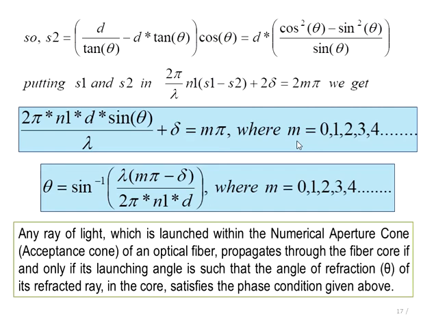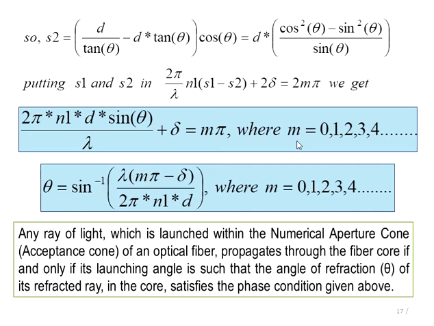Theta cannot take any number of values. For example, if I put m equal to 0, I will get one angle, let's say theta 1. Then if I put m equal to 1, I will get another angle, theta 2. I am not putting any value between 0 and 1, and hence theta also will not have those values. Theta depends on the value of m, and since m can take only discrete values, theta can also take only discrete values.